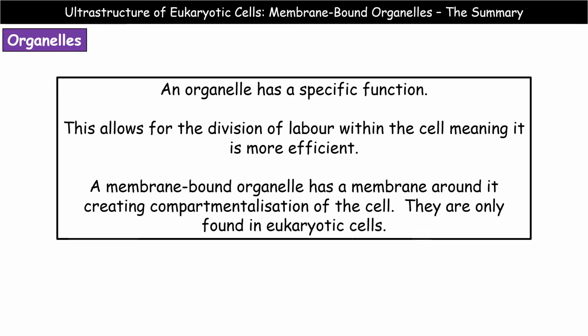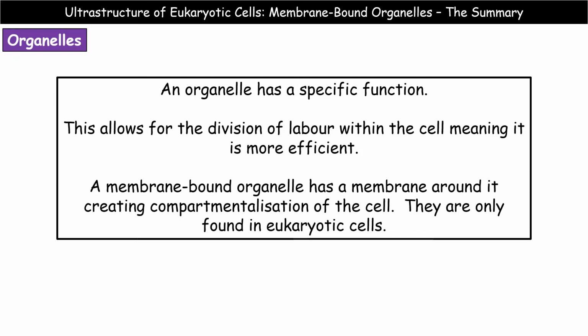The reason that we've got these organelles is that by having all these different little units within the cell that carry out their own specific function, we can divide up all the jobs that the cell has to carry out between those individual organelles. And that means it's going to be way more efficient than just having a sack with everything contained and hoping that it all works itself out in the end. By using these organelles, each one with a specific function, we can divide the labour up and make it way more efficient at carrying out those tasks.